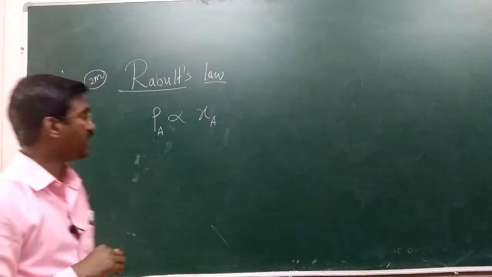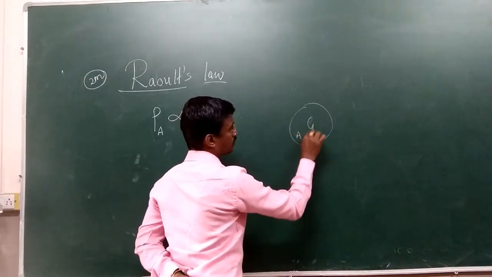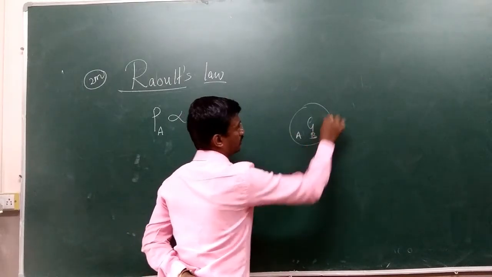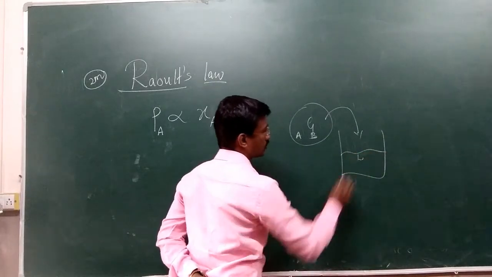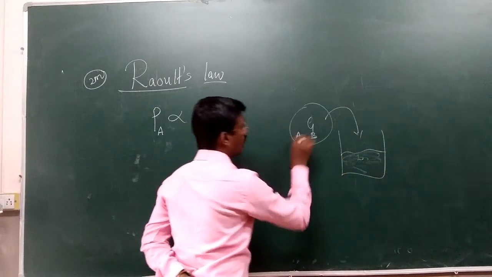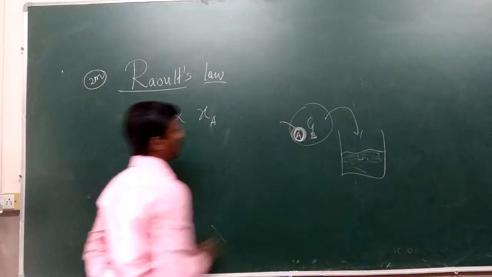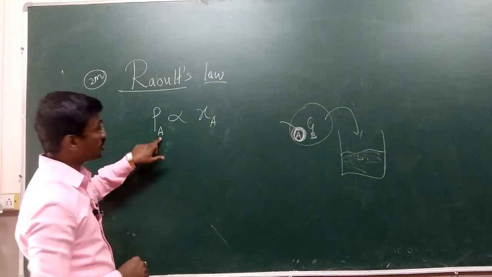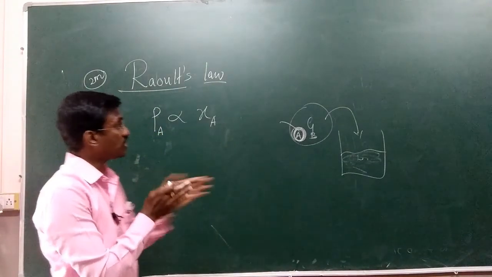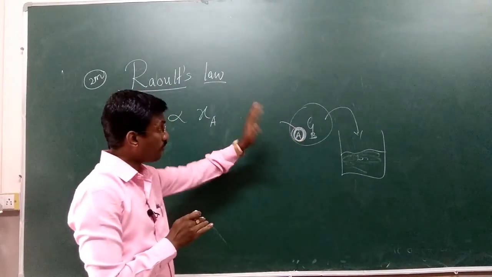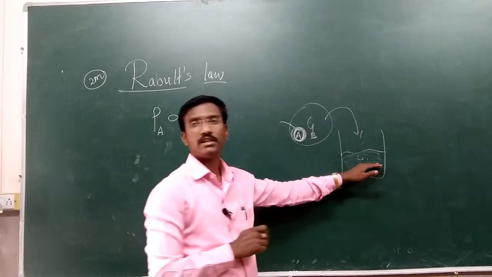Why are we taking A and B? Take these as the gaseous components. If the gaseous components are two, A and B, and we are dissolving them in a liquid, then after dissolving, how much pressure have we applied on A? That is the partial pressure of A. That much mole fraction of component A will be present in the solution.